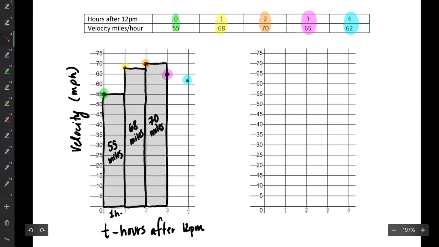And I look down at 3 and I see that I was going 65 miles an hour. So if I make the assumption that I'm going 65 miles an hour for that full hour, that's obviously an assumption, because when I look down at 4, you're going less. You're going 62 miles an hour.